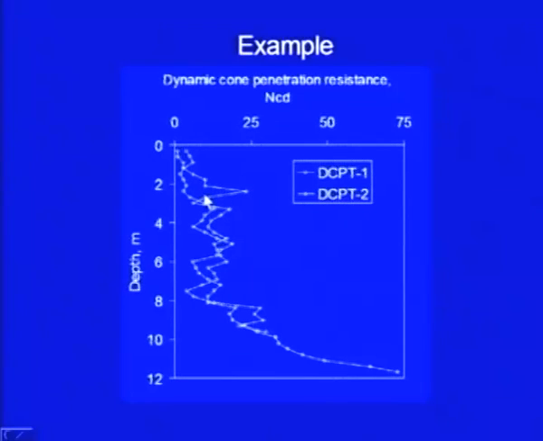Probably this was because of some stone or some boulder here, so that the cone got stuck and we got higher NCD values, and the second test confirms this. So, whenever there is a sudden increase, you have to be careful, but if there is a sudden decrease, for example, here where the values are decreasing, obviously it can be some sort of incompetent stratum, soft stratum, or maybe even cavities.